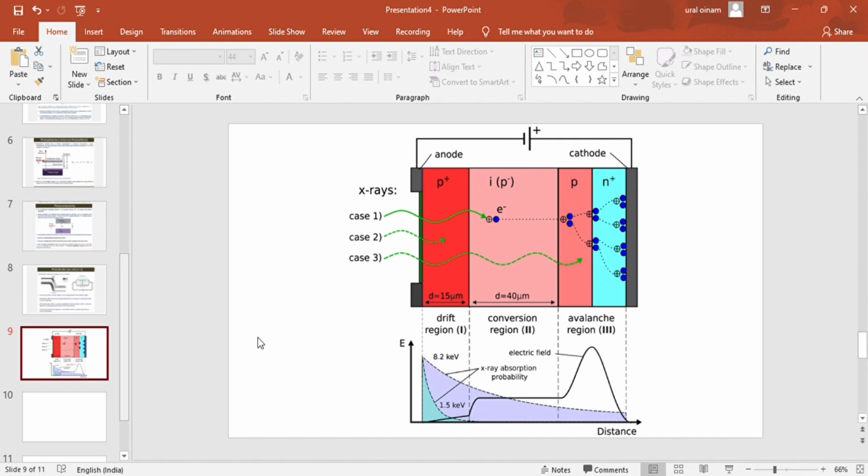After some time, the number of electrons being knocked out increases exponentially. So at the output, the number of electrons, or the amount of current that we get, increases exponentially, and such a device is known as the avalanche photodiode, which utilizes the effect of avalanche breakdown.